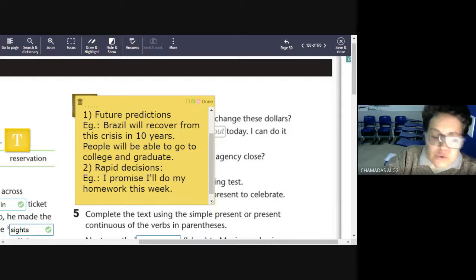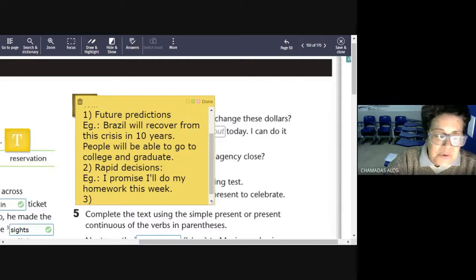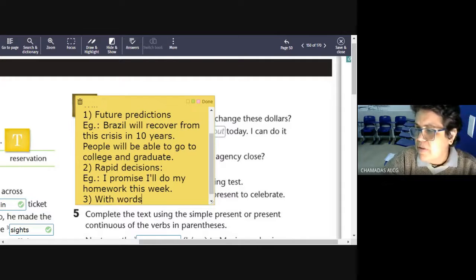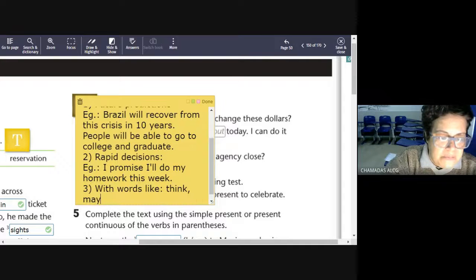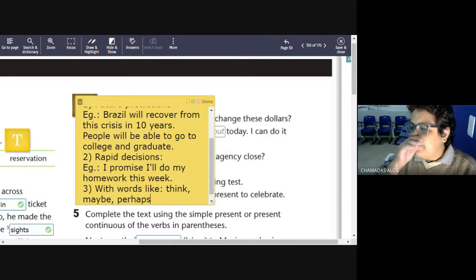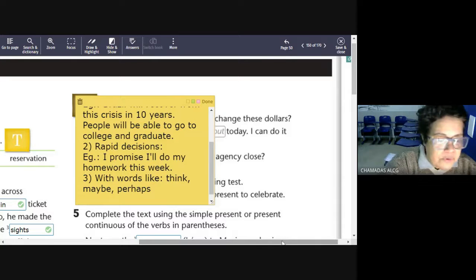We also use will when we use words like I think, or maybe, or perhaps, okay? So let's put here with words like think, maybe, or perhaps, okay? Let's see examples.